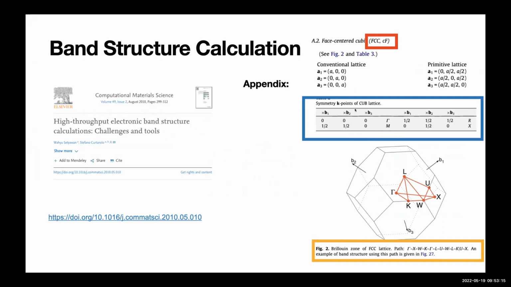So make sure to look at that. Also, they provide you a plot of the Brillouin zone, and also a path. We know for FCC, we have a path from gamma to X, X to W, W to K, and so on.